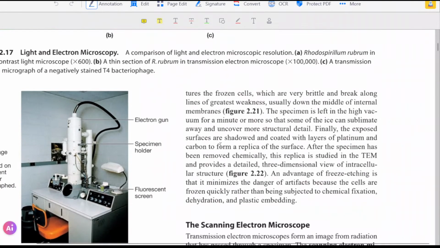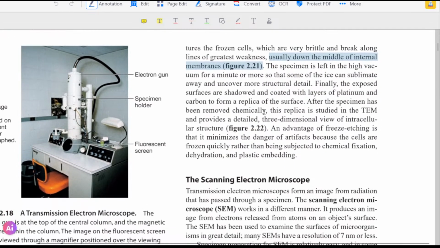When you use that -196 degrees centigrade knife on the -100 degrees centigrade cells, which are very brittle, they fracture and break along the lines of greatest weakness, usually down the middle of internal membranes. You can even cut the middle membranes with that knife.